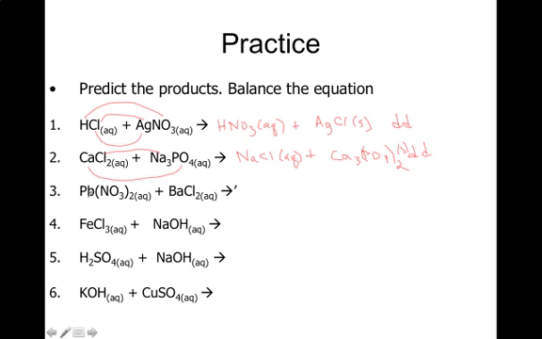Okay, we've got lead goes with chloride, barium goes with nitrate, so we get lead chloride, and our second product is barium nitrate, and we need 2 nitrates.